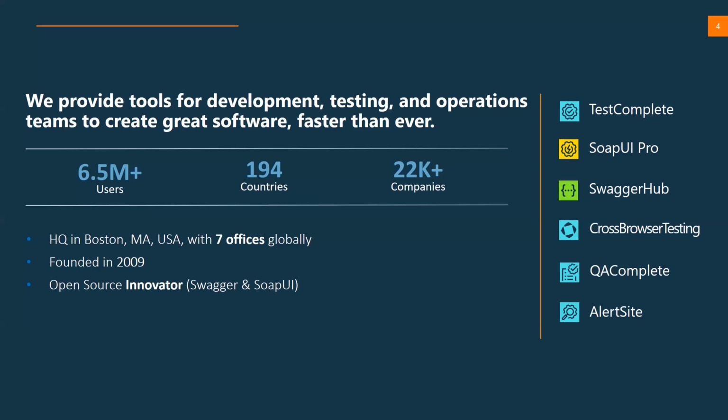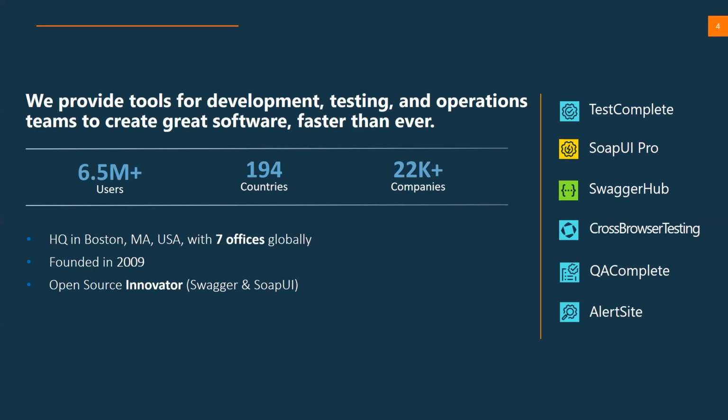So who are we? Why are we talking about SwaggerHub and Swagger in the first place? We here at SmartBear are a mid-size company. We provide tools for development, testing, and operations teams, really to expedite the development workflow. We have a number of different open source tools, the two big ones in this case being Swagger, which we're obviously talking about today, and then our API testing solution, SoapUI.